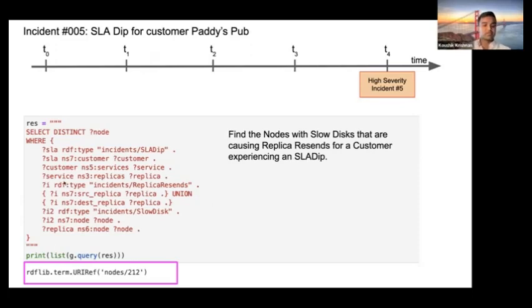So the output of this root cause analysis logic says, okay, this node 212 is actually the culprit node. The node 212 is the one that has a slow disk. It's causing these replica resends, which is causing the SLA dip. And one thing that's interesting here is that we actually had two nodes that had slow disks, but only one of them is the root cause.